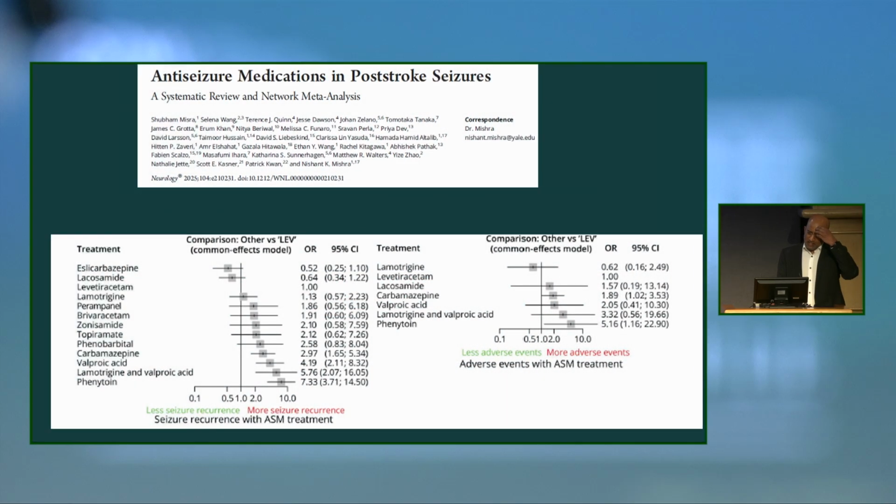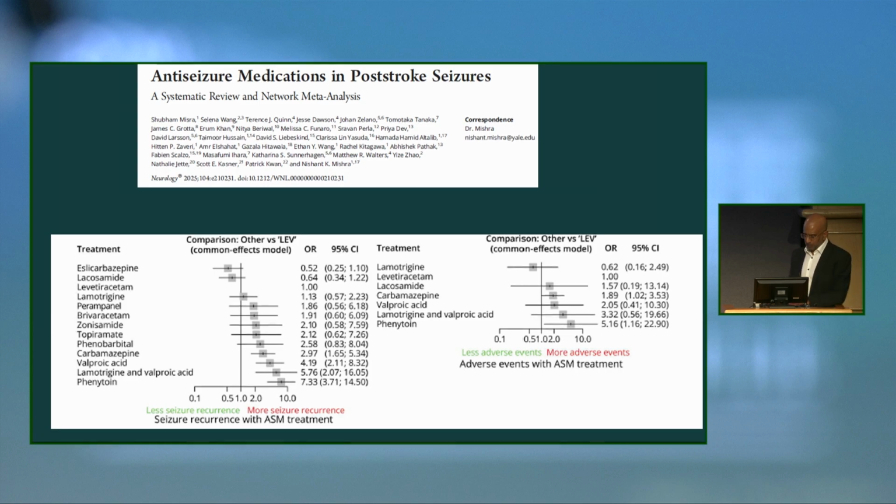So in this network meta-analysis, which is just on preprint at the moment in Neurology, they looked at over 18,000 patients who've had post-stroke seizures and were put on an anti-epileptic, and they compared patients to levetiracetam. They looked at 4 outcome measures: seizure recurrence, adverse events, dropout or cessation of the drug, and mortality.